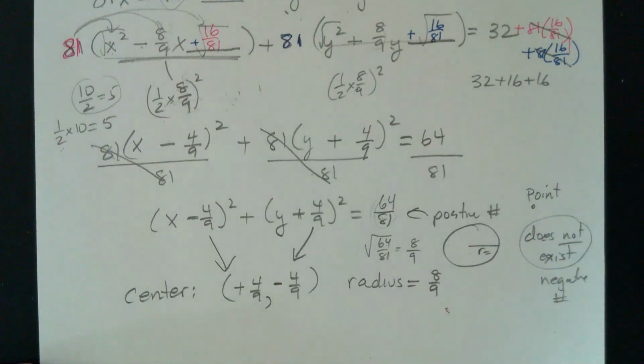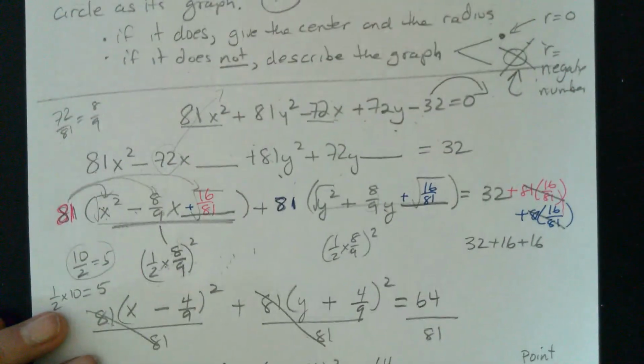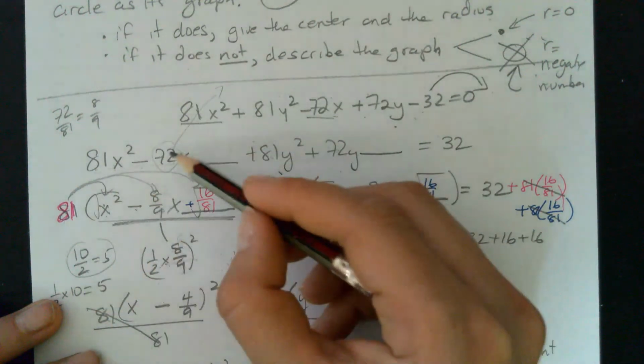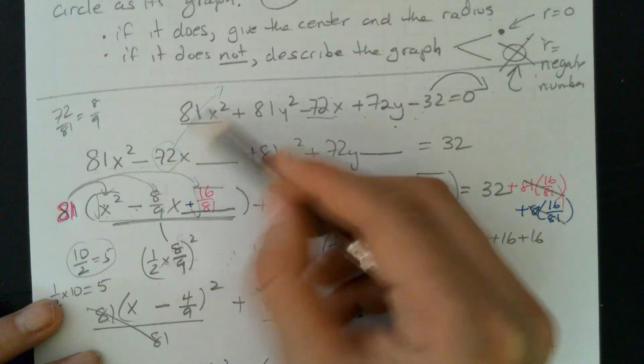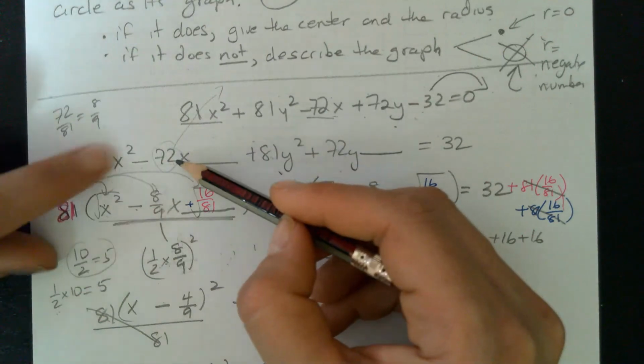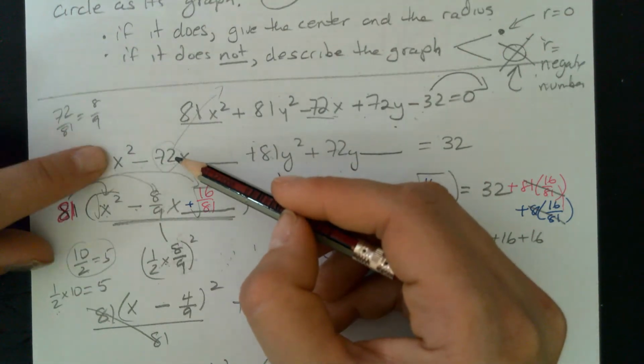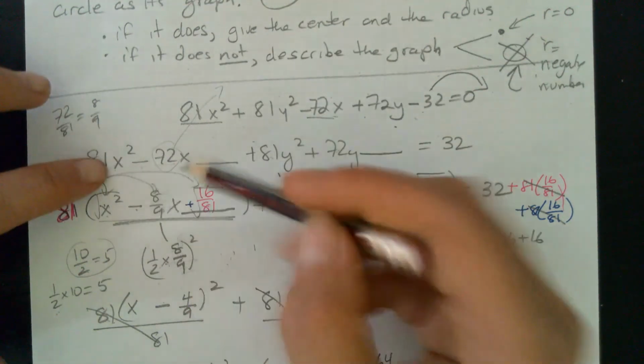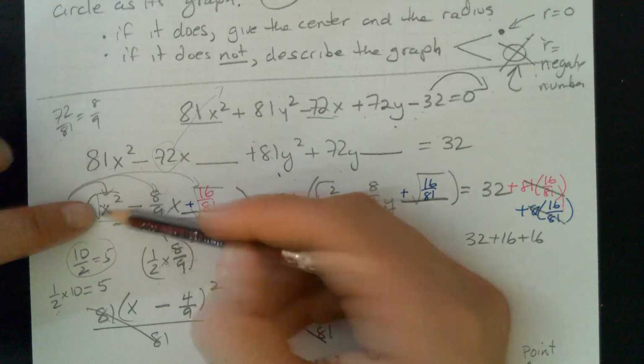Okay? So the hard part on this is when you go to complete the square, you have to pull out whatever number's in front of the x. Doesn't matter what number it is, pull it out because you have to have just a 1 in front of the x squared.